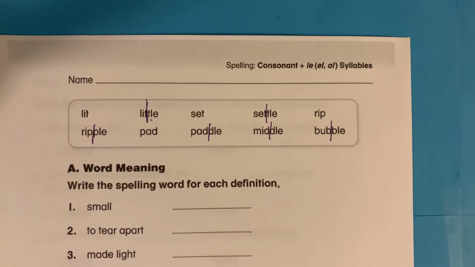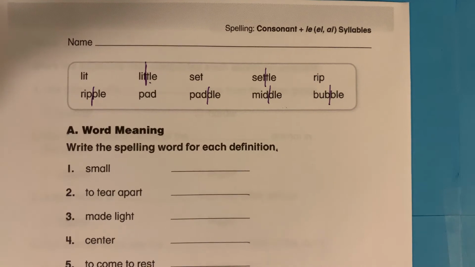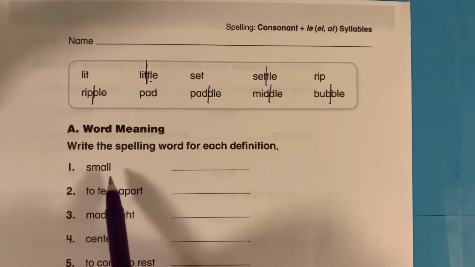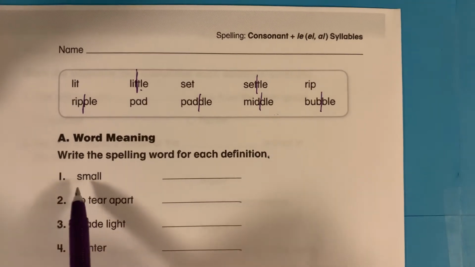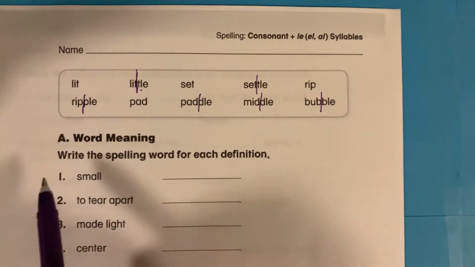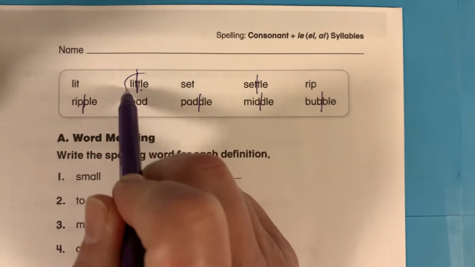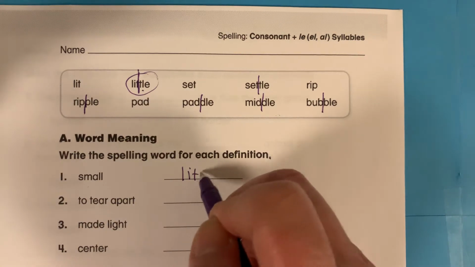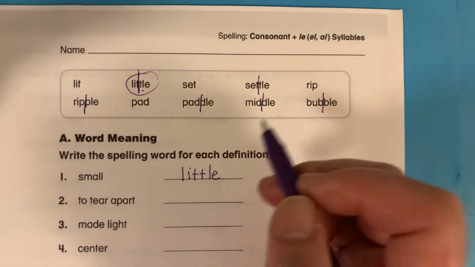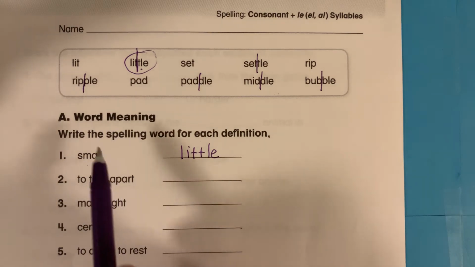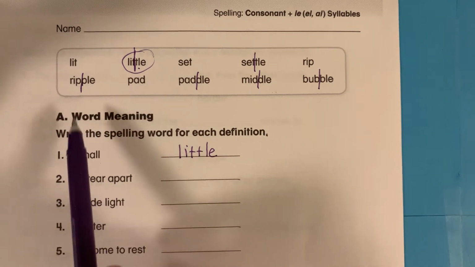What you're going to do on this paper is find the spelling word to match each definition. So the word small, which word means small? You know that one, little, and I'm going to write little right here. To tear apart. Which one means to tear apart?